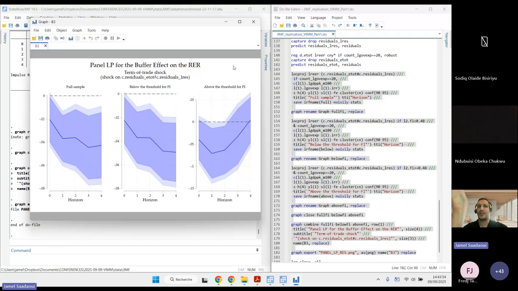But the problem is, if you choose a longer time horizon, you will exhaust the degrees of freedom to compute in a correct way the impulse response function and the confidence interval. So I will not do that, but I will say, okay, terms of trade shocks are shocks. A shock is by definition I(0). Same for the shocks on the reserves.